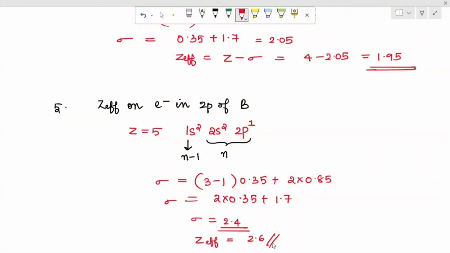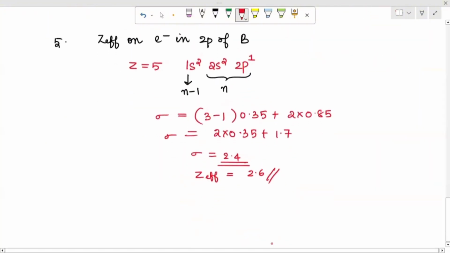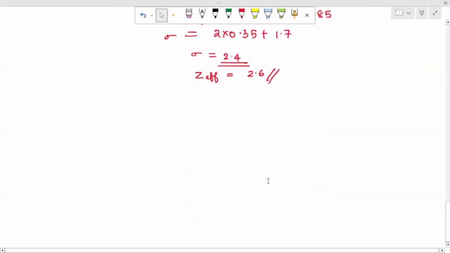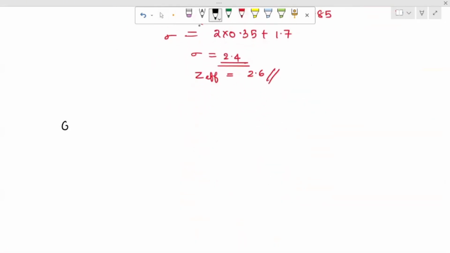2.6. Okay, just for practice, please do carbon as well. Carbon. Z effective on electron in 2p of carbon.